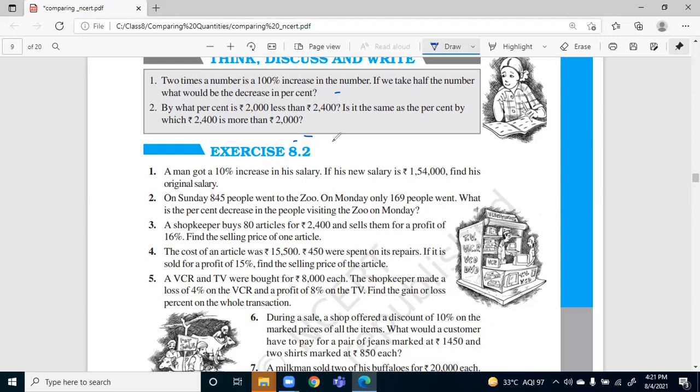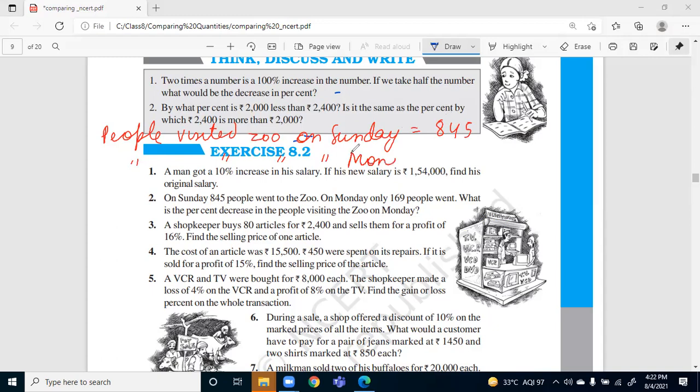So the formula is like this. You should write the first statement: people visited the zoo on Sunday. This is the first statement. Similarly, write the second statement: people visited the zoo on Monday, 169.